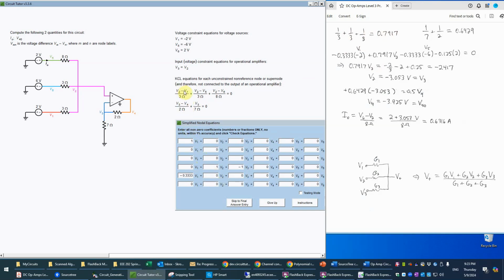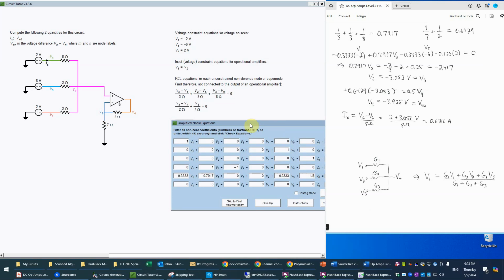That's for the V2 coefficient. And then there's no V3 or V4, but we have a V5, which is -1/3 in this equation. So that'll be -1/3. I'll just put it in as a fraction. And then V6 has just this term, which is -1/8.